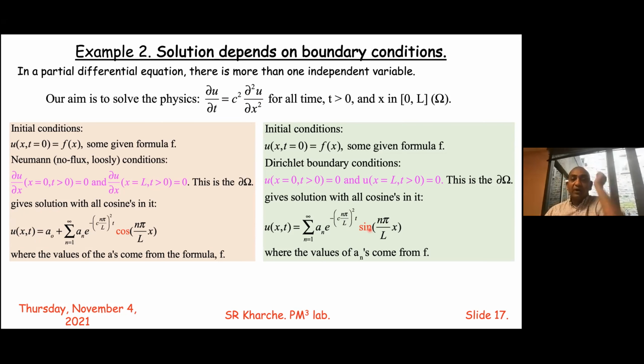And in addition, as you can see, there is no constant term in the green box's solution, whereas there has to be a constant term in the pink box's solution.